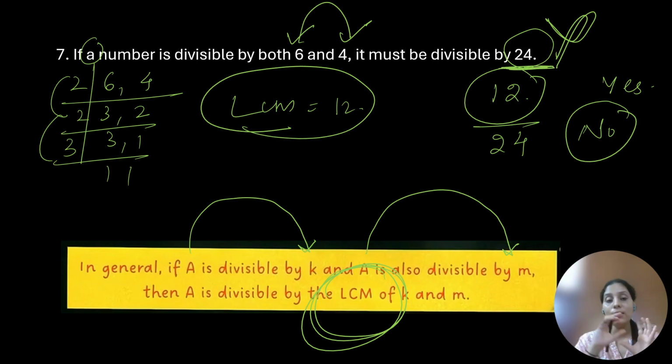But if we see the previous slide, it was 9 and 4 divisible by 36, and the LCM of 9 and 4 is also 36. That is why that statement was true. So when a number is divisible by two other numbers, then this number will be divisible by the LCM of these numbers, not the product. I hope this is clear. This is the statement about the two numbers.